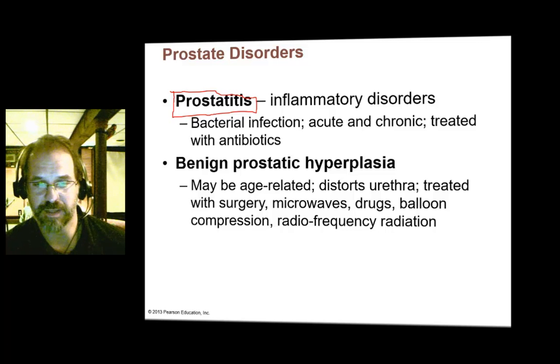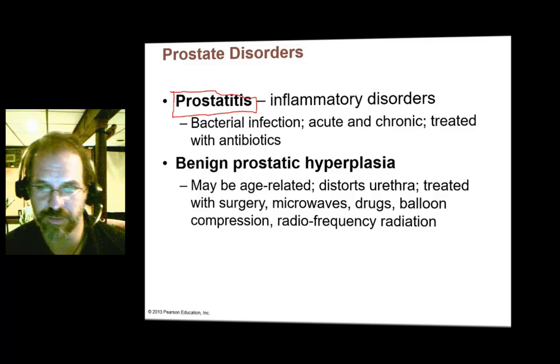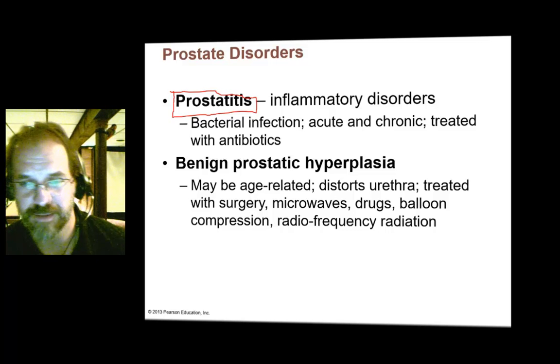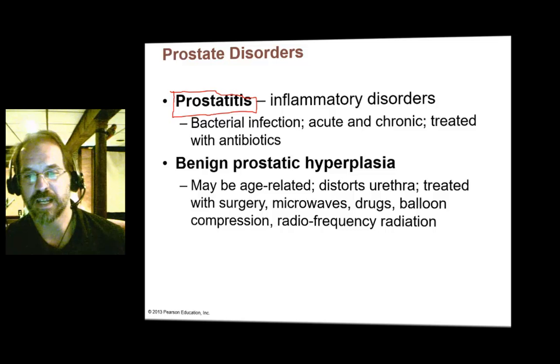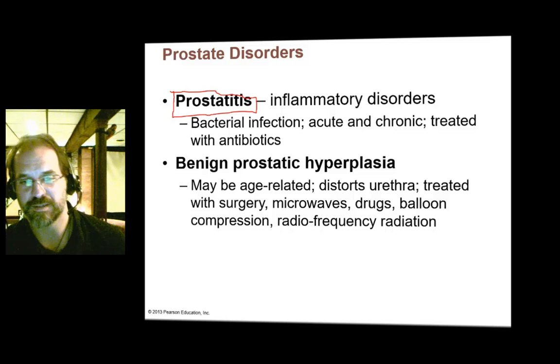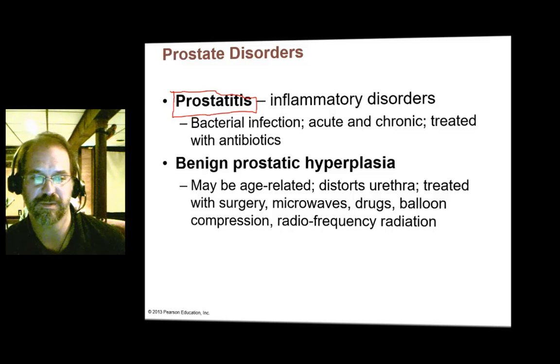Here they list several things. These are ways of treating it, actually. A lot has been made out of diet. There are some things that seem to discourage benign prostatic hyperplasia, like saw palmetto. I don't know how effective those are.